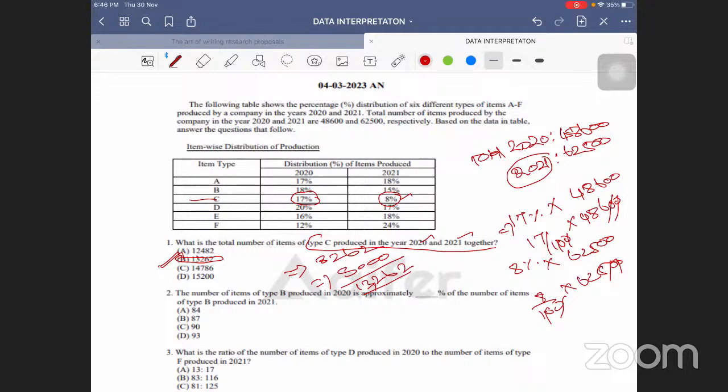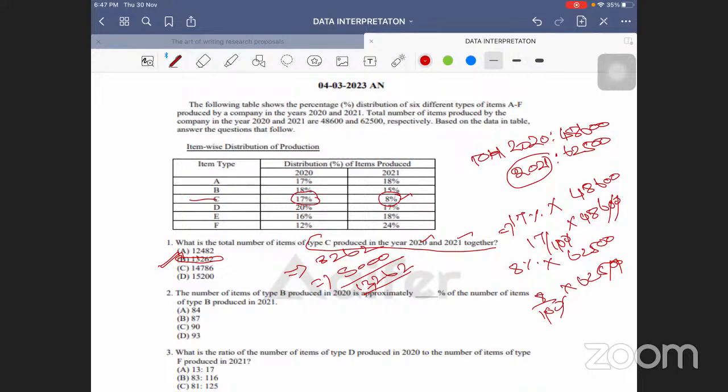Yes, sir. So in data interpretation, they ask only 3 types of questions like this. What is the production based on the percentage, which we can calculate. And they ask what the difference is between the previous year and the current year, or what the average production of the whole 6 companies is. So mostly all the related data analysis questions repeat this kind of question.